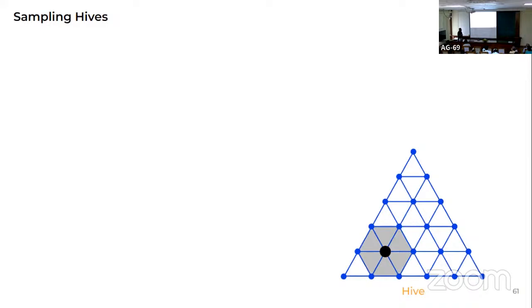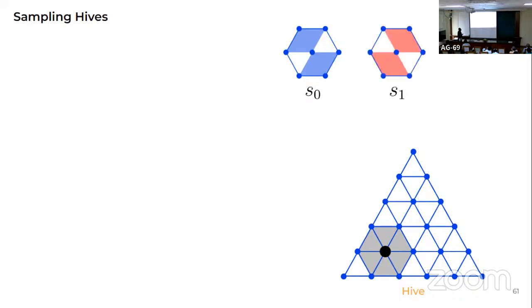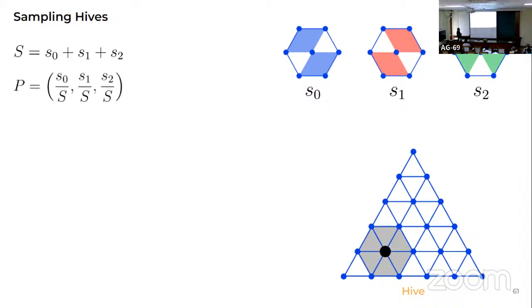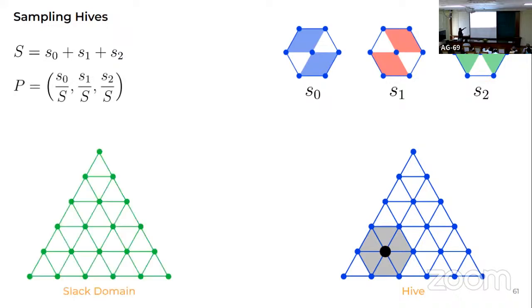So we take a hive and we take a point on that hive, and we consider a hexagon, and we take the average of these slacks inside the hexagon to obtain S0, S1, and S2 for a given point on the hive. We obtain these three slacks, and the sum of the slacks would be some capital S. We normalize it and we get a P, and that P would be somewhere on this triangle.